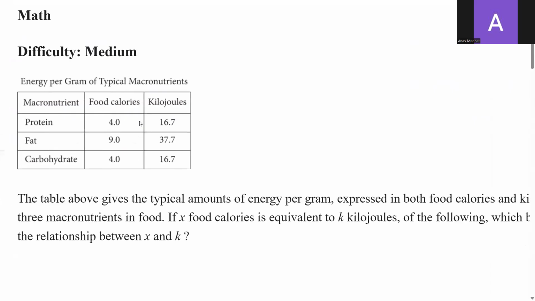Okay, to get something like this, what you have to do is take this minus this and this minus this over each other, with 37.7 minus 16.7 over 9 minus 4, which is 5, or 5 be 4.2.